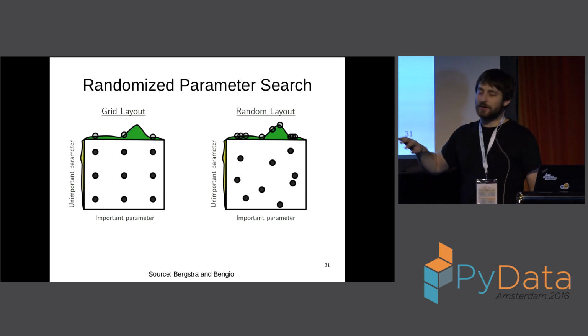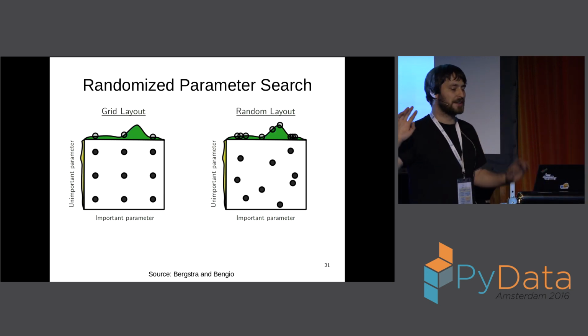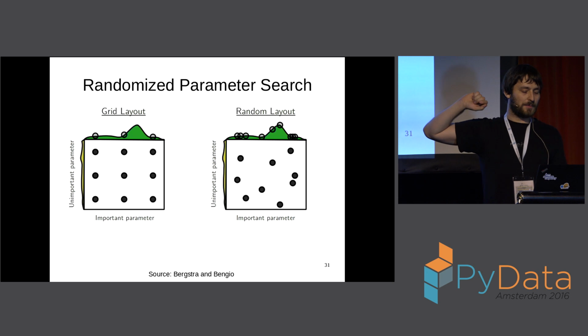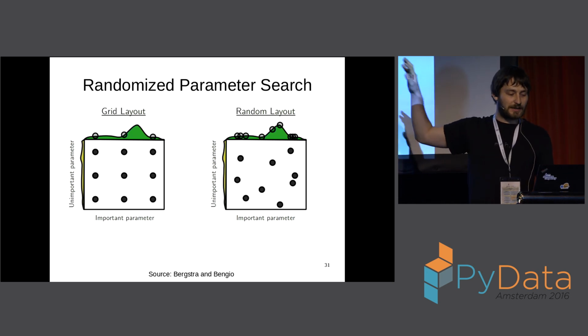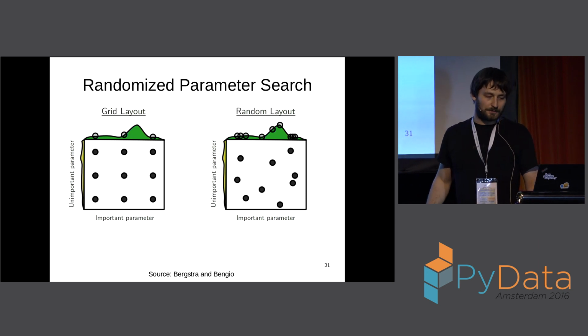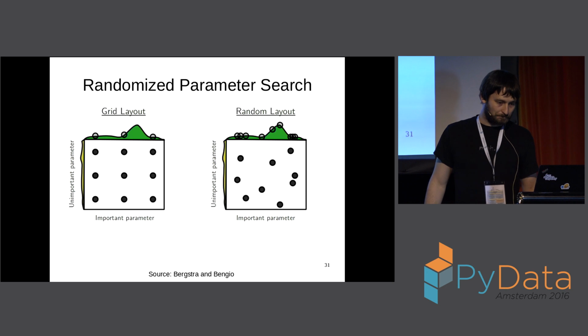So you train 9 models here, you run cross-validation 9 times for these combinations of the parameters, and so you tried out 3 different values of the important parameter. And you completely missed the optimum.